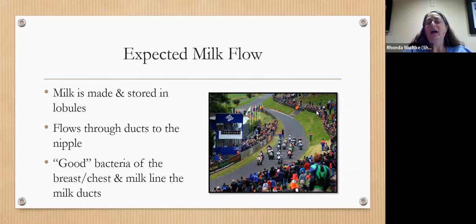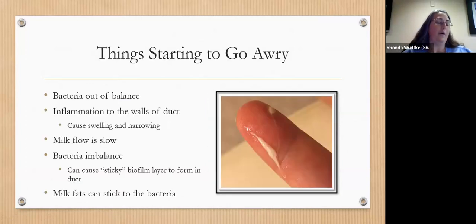So our good healthy bacteria is all the spectators we have at this motorcycle race. We still have lots of space, lots of ability for those motorcycles to move from here to there without having any complications or any interference from any of these spectators. And that's what our goal is, those wide open spaces to make flow go well.